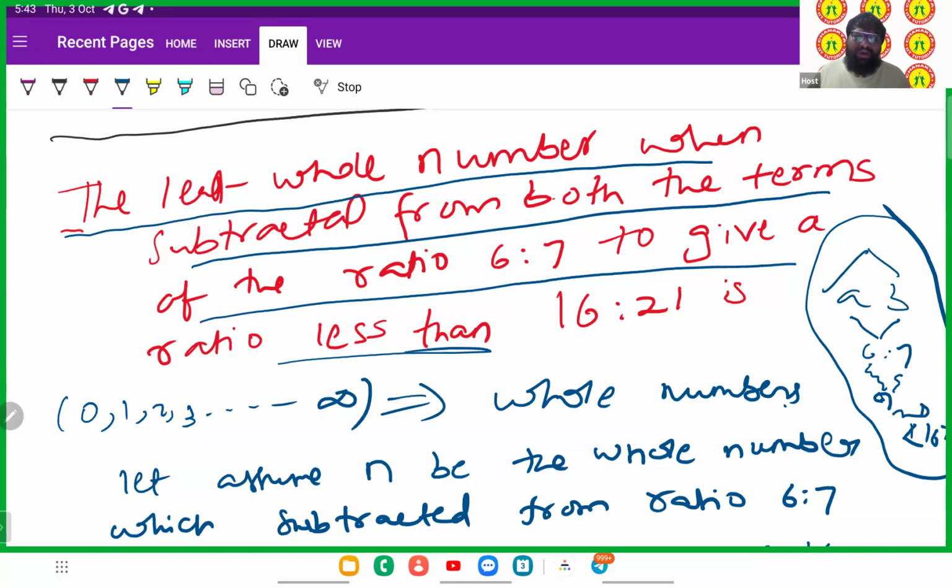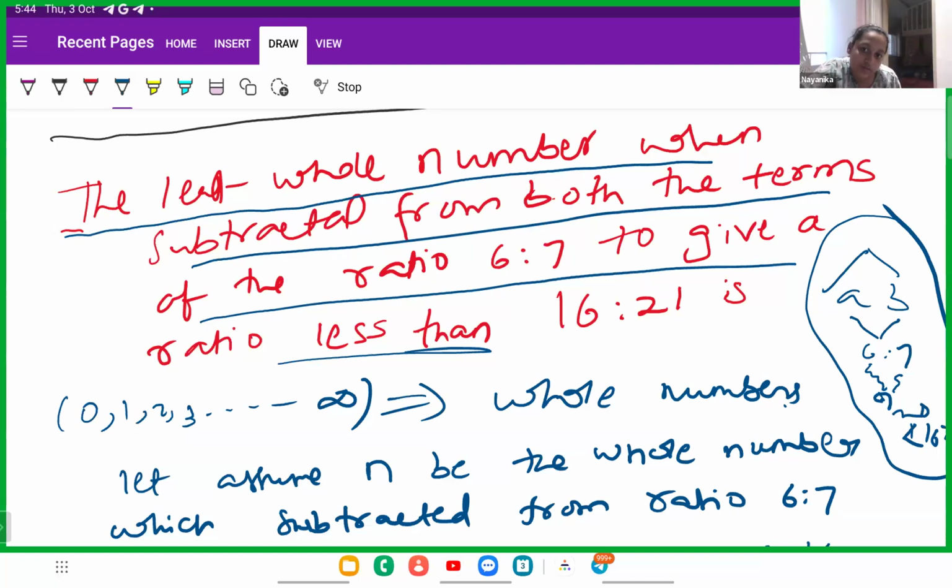The question doesn't demand that you equate. Just read the question properly. Don't go for research on what is to be done. Just meet the demand of the question. Don't go for research on the question.